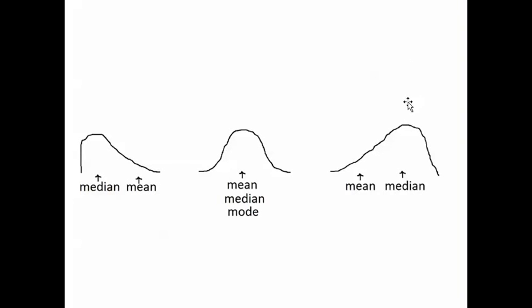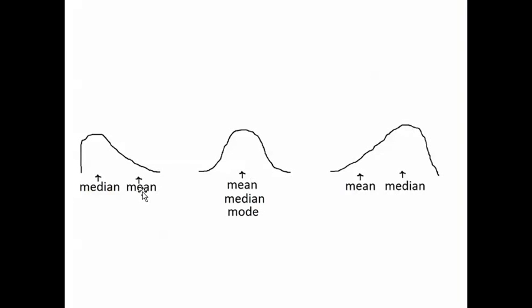If a column of data has a negative skewness, which means it has a lot of high numbers and fewer low numbers, and the numbers are piling up at the high end, then the median of that column of data will be higher than the mean of that column of data.